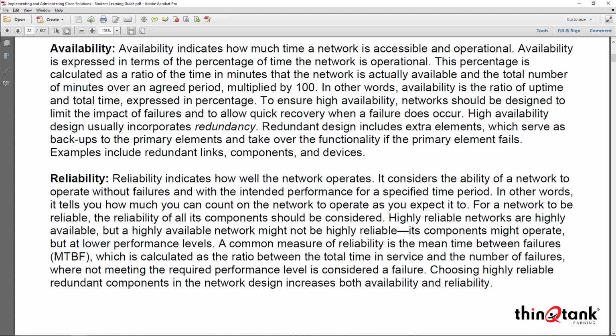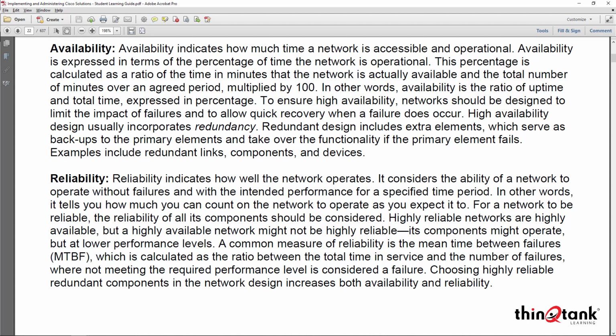Because maybe ping works at layer 3. So an ICMP echo request is a relatively benign packet, but the application might have other requirements. It might have more bandwidth requirements. It might have specific response time requirements. Maybe it's a UDP flow that is highly susceptible to packet loss or jitter or delay. So just because something is available doesn't mean that it's actually usable.